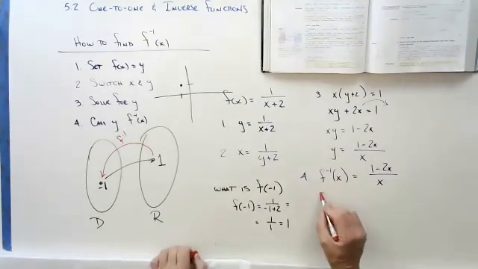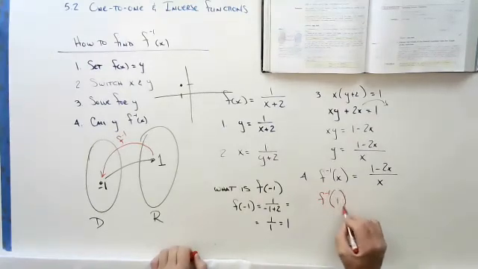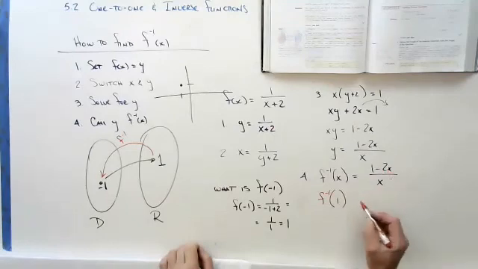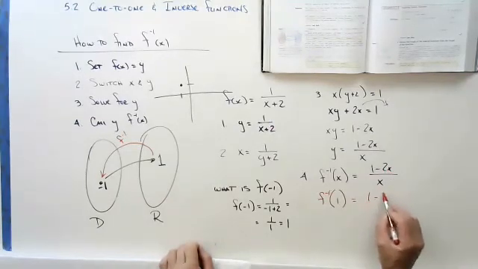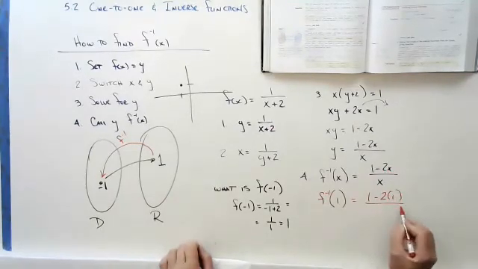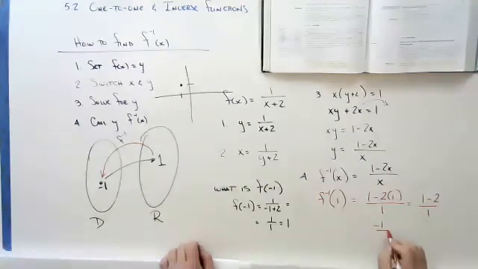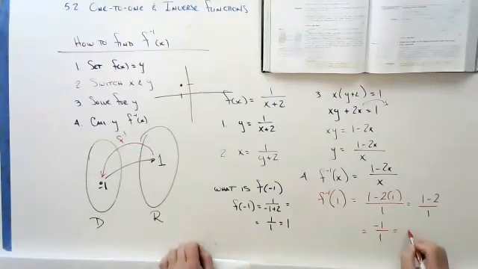So let's find out what f inverse of 1 is. I'm claiming it's going to be -1. That's what inverses do. Well, let's put a 1 in here and see what we get. We get 1 minus 2 times 1, all over 1. That's going to be 1 minus 2 all over 1, which is negative 1 over 1, which is negative 1.